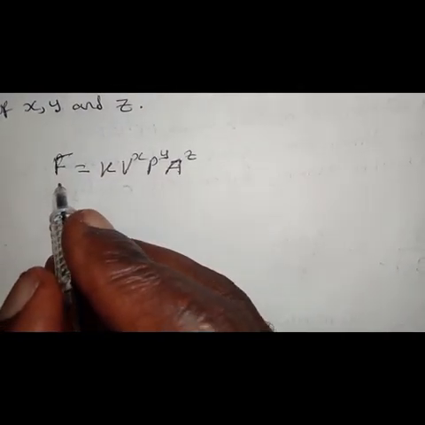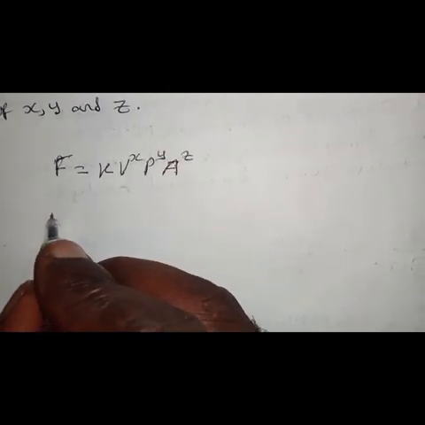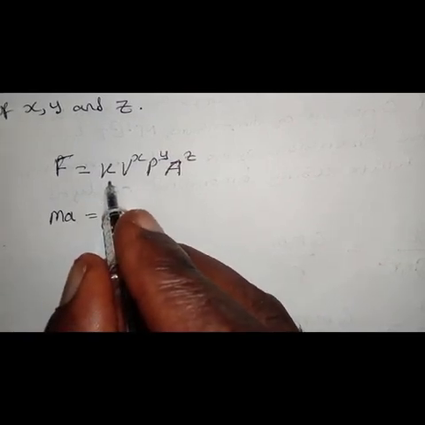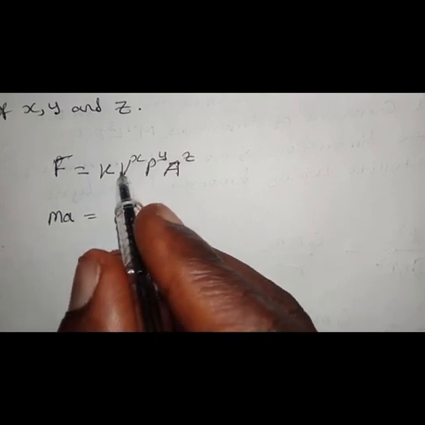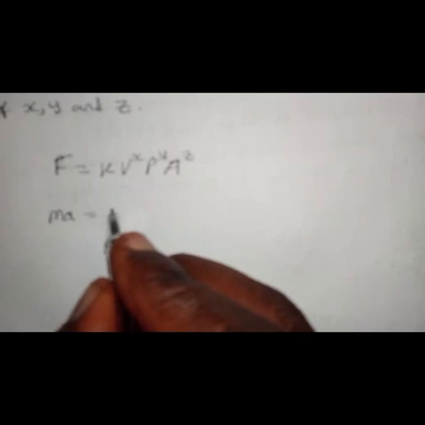F is force, and force, let us split it. Force is mass times acceleration. K is a dimensionless constant, so we can ignore it. V here is velocity, which is displacement over time.